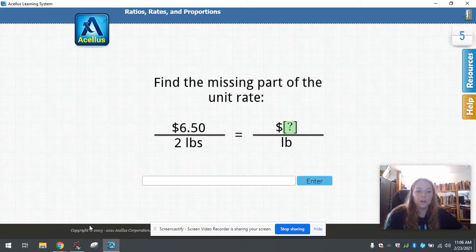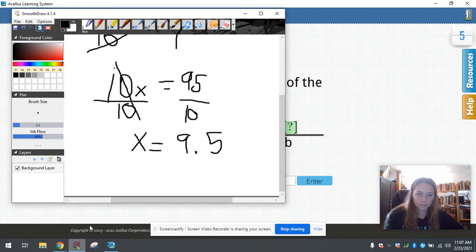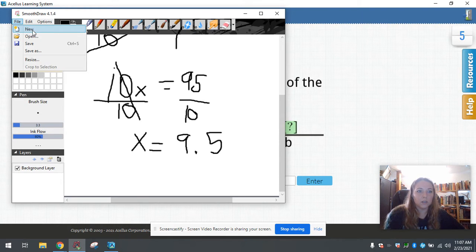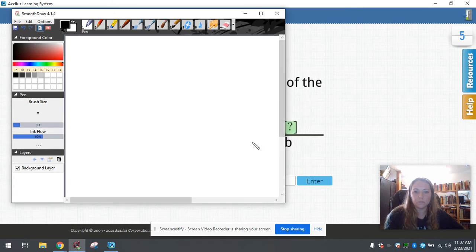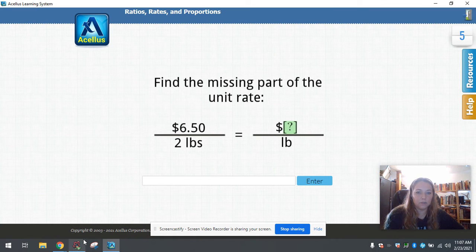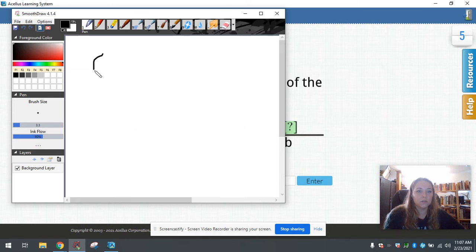Okay. Another proportional equation. Find the missing part of the unit rate. $6.50 for 2 pounds of something. $6.50 is equal to how many dollars per pound? Okay. Set up my equation. 6.5 over 2 equals x over 1.